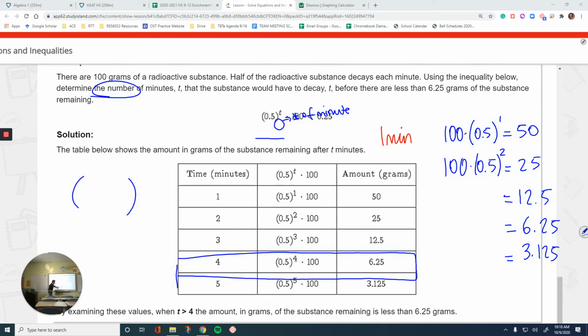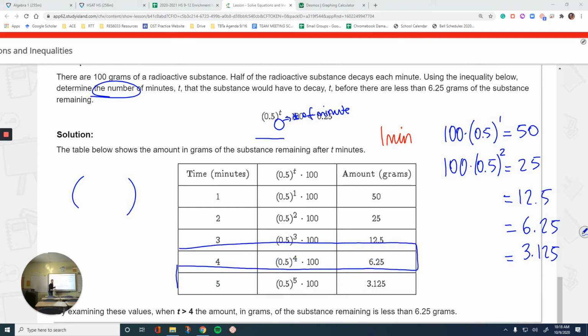So that area is right in between 4 and 5. It would pass that 4 minutes. So that's why our answer is going to be t is greater than 4 minutes. It could be 4 minutes and 1 second, but it needs to pass that number of minutes. This is the only part that you may end up with a problem if you have a similar question in your blue ribbon.